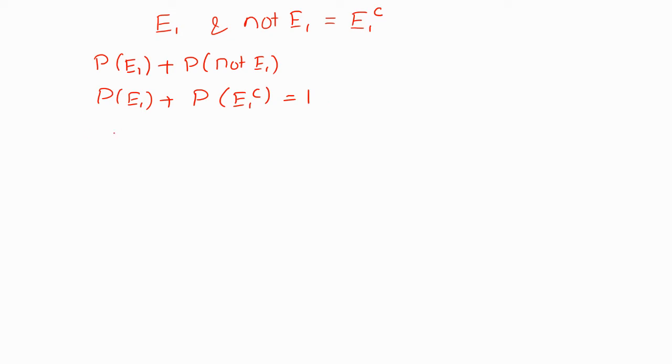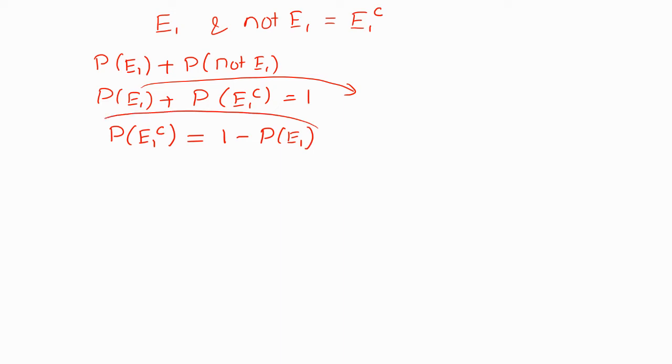So can I have a formula: probability of E complement is equal to, taking this to the other side, 1 minus probability of E.